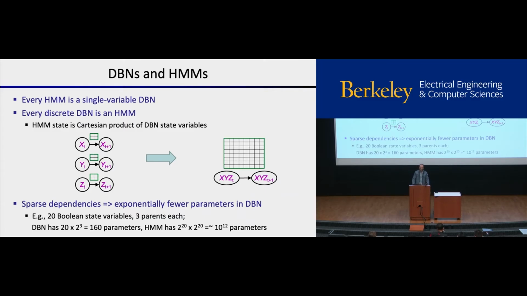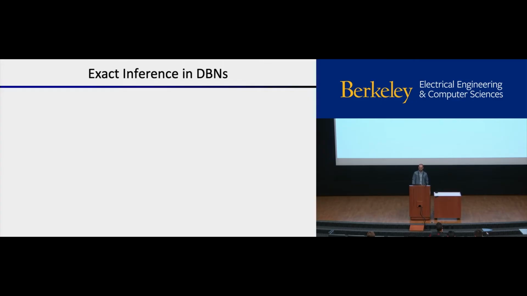So if we have 20 Boolean state variables with 3 parents each, for example, then the dynamic Bayes-net has 20 times 2 to the 3rd parameters, that's 160, whereas the hidden Markov model has 2 to the 20 times 2 to the 20, that would be how many rows and how many columns, which is about 1 trillion parameters, which might still be doable, but if you get more state variables, even if you get 5 more state variables, it'll quickly become not doable. Okay. First, let's talk about trying to do exact inference in dynamic Bayes-nets.